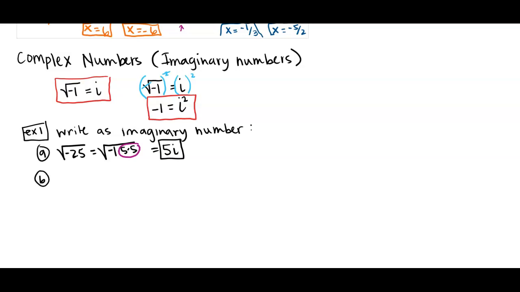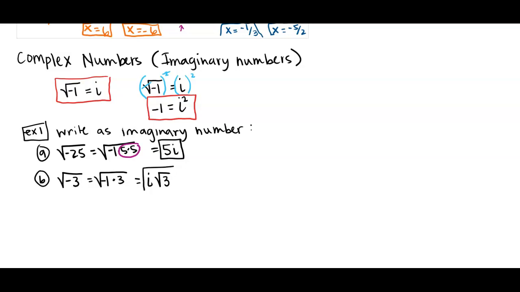Let's try another one, and think of any questions that you have as I'm going along here. All right, what if I have the square root of negative 3? Well, this one, 3 is not a perfect square, but when it has a negative inside, we still need to rewrite it so that there's an i there. So remember, this could break down to be negative 1 times 3. And so that square root of negative 1 gets to come out as an i, but the 3 is still stuck inside that square root.